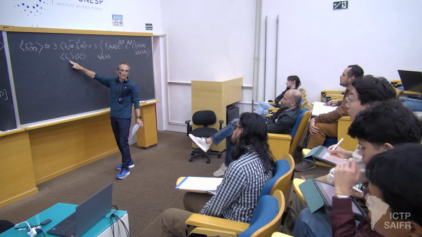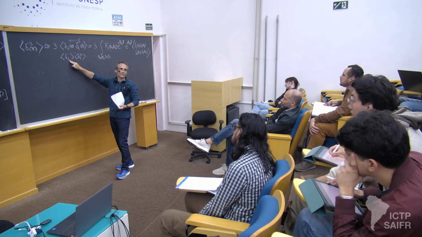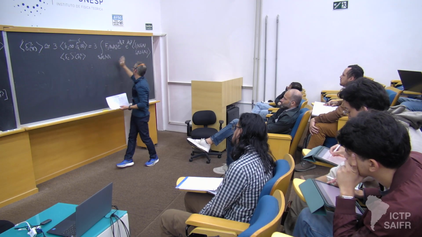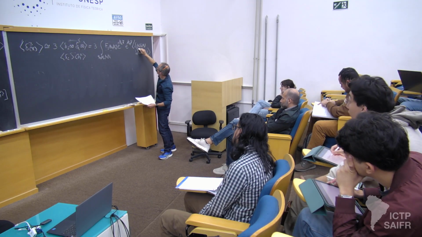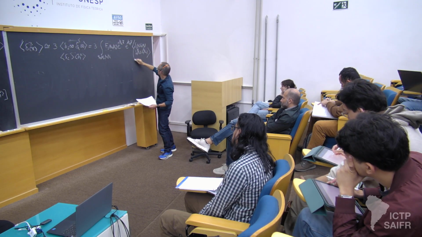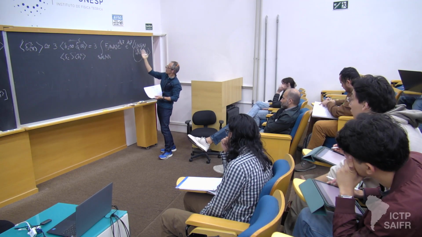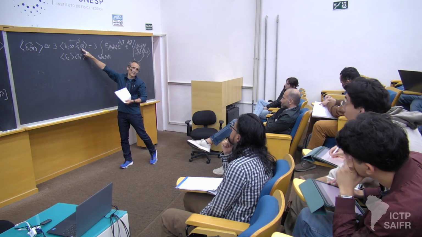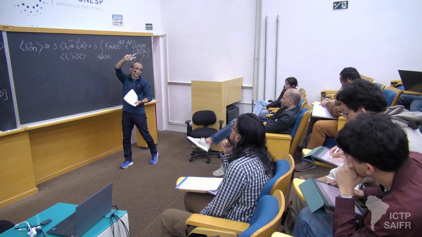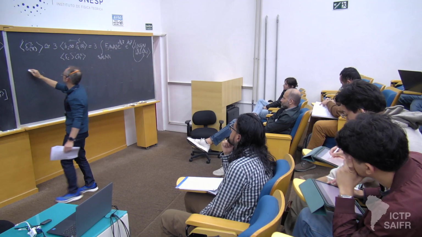But because delta is a fluctuation, at any order in perturbation theory, it vanishes. So out of the 3 pairs, there are only 2 possibilities. I pair this with this, and that with that, or pair this with this, and this with that. Now, because of delta, these 2 are symmetric and give the same answer. So I get a factor of 2, and I just use 1 of the pairs. And so that's the factor of 6 now.